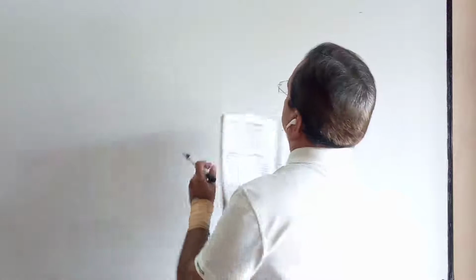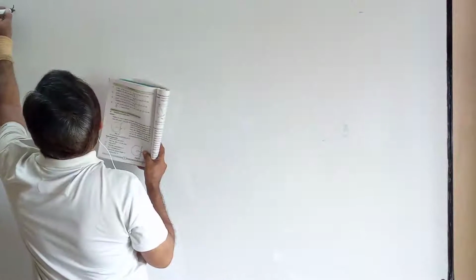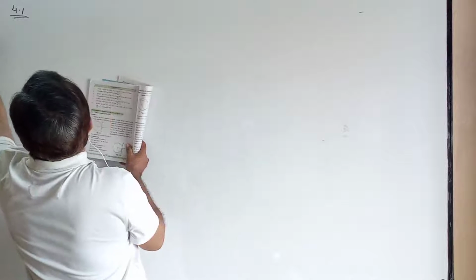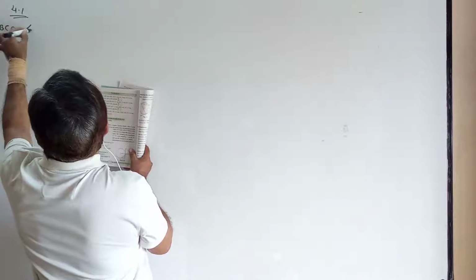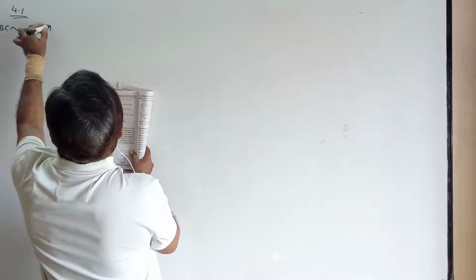Question number 1. Chapter number 4, 4.1. Triangle ABC similar to triangle LMN.